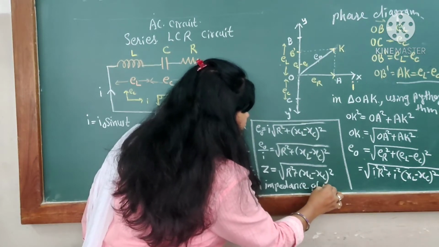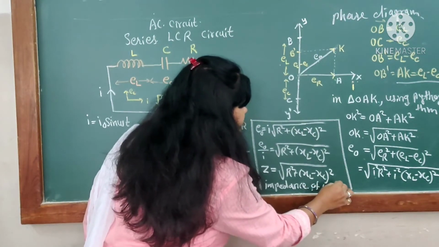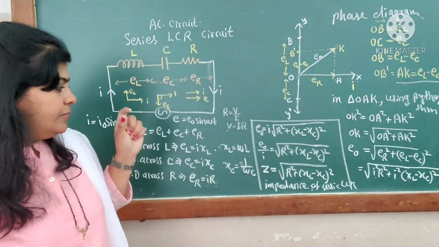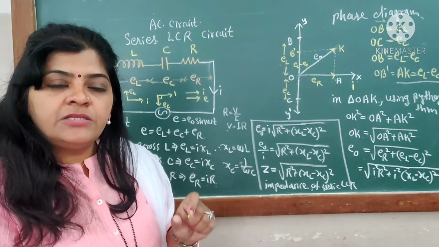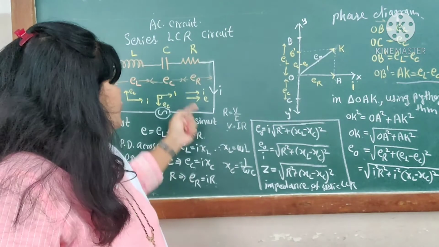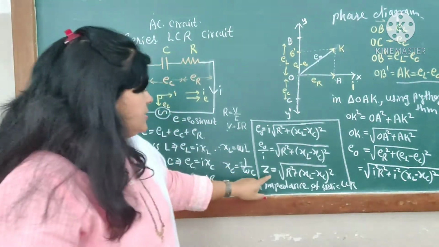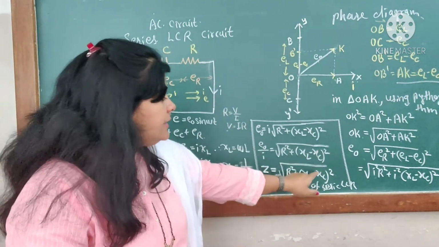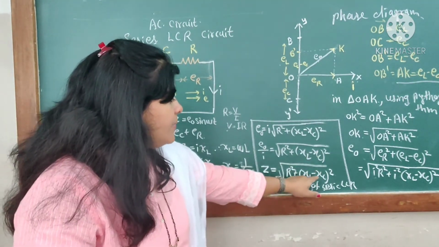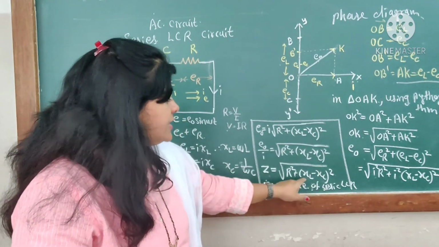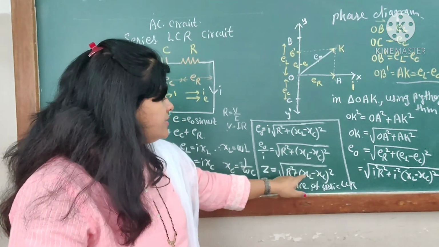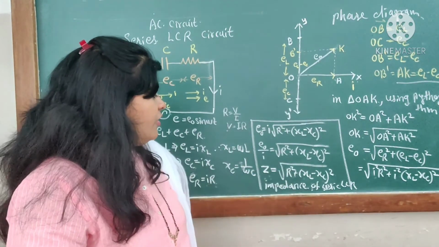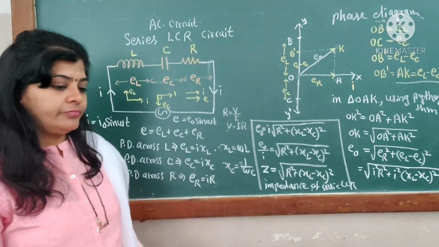The impedance of the series LCR circuit is a kind of resistance which opposes the flow of AC. The impedance is the combination of the resistance and the reactance. XL minus XC is the reactance, and the total opposition to the flow of AC is the impedance.